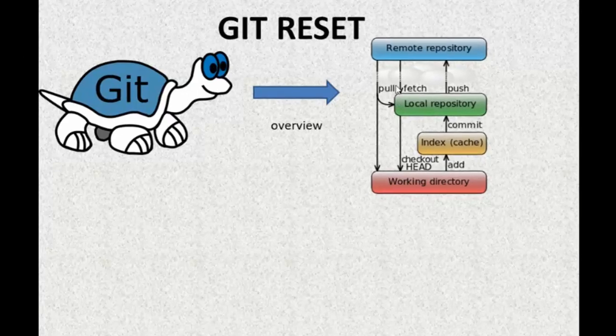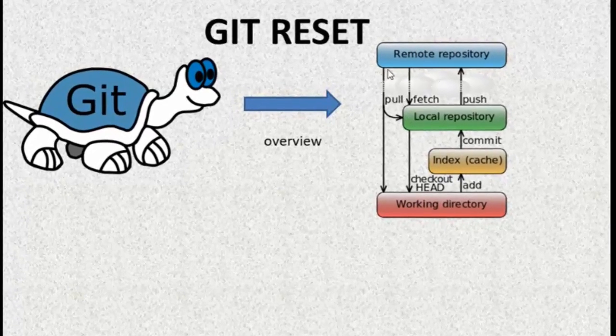These are the different components of Tortoise Git: remote repository, local repository, index cache, and working directory. The working directory is where your project is stored on the local machine. The remote repository is a place where your project is stored at a remote Git location.